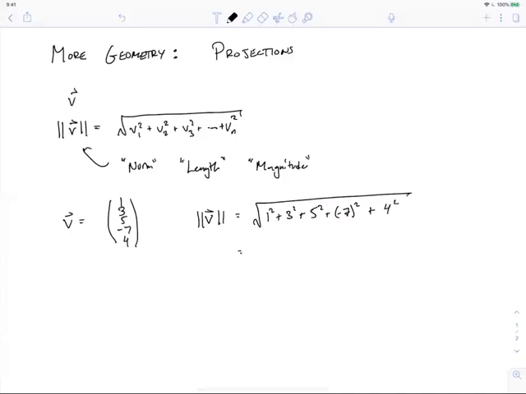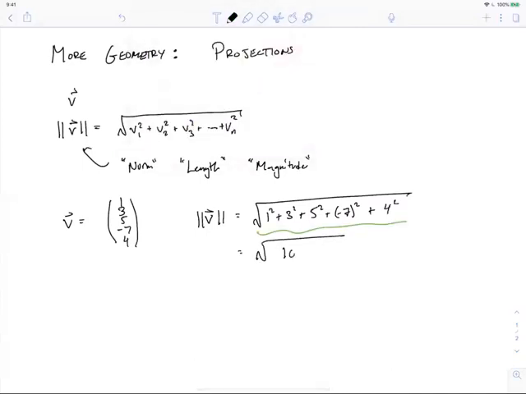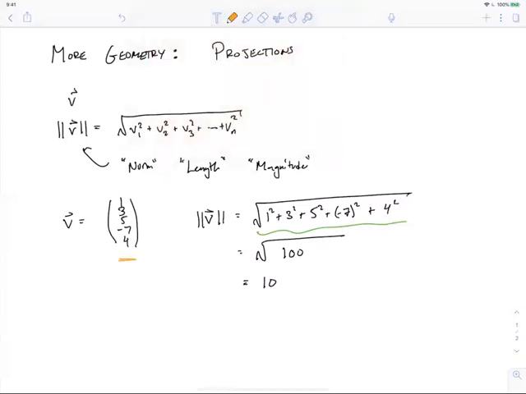And if you add all these up, that ends up being the square root of 100, which is then just 10. So the length of this vector in 5-dimensional space is 10.